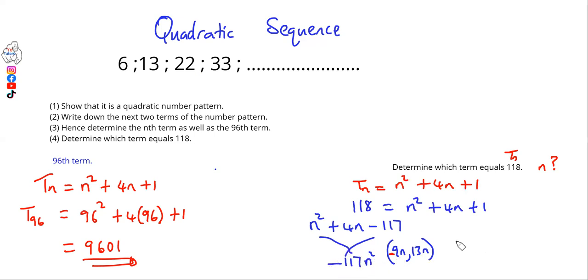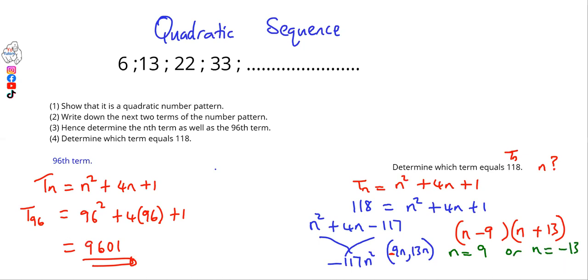Now, what do we do? We're going to open our brackets here and put our n, and we remember we take the sign: n minus 9, then n plus 13. So it means that our answer there should be n equals 9 or n equals negative 13.